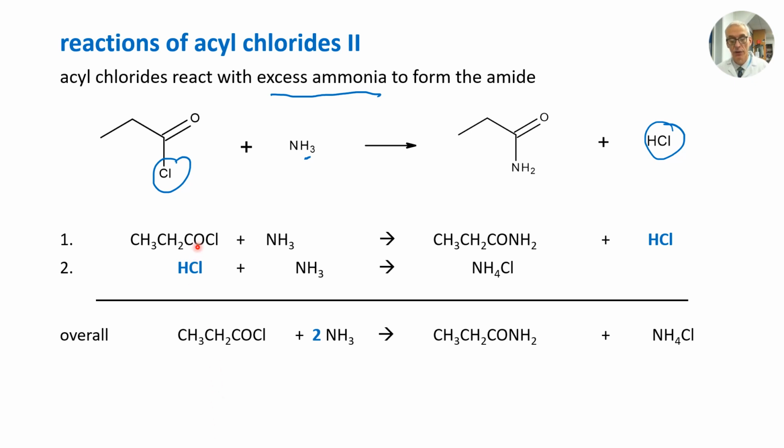We have propanoyl chloride on the left-hand side, ammonia twice on the left-hand side, and propanamide and ammonium chloride on the right. What cancels out left and right is of course HCl. So our overall equation is propanoyl chloride plus 2 ammonias gives us propanamide and ammonium chloride.